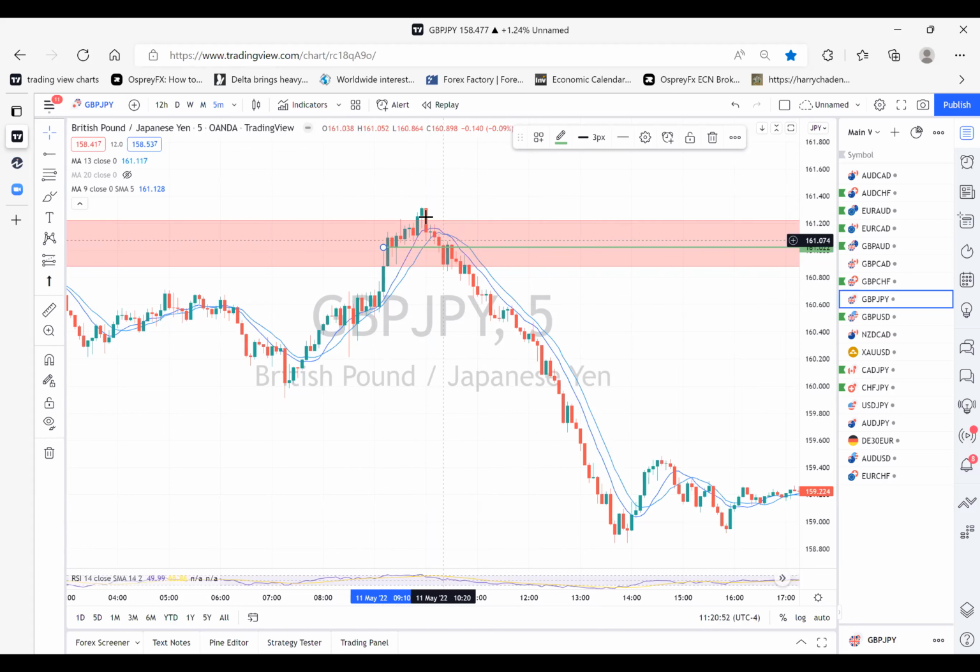That's a Wyckoff schematic right here on the lower time frame. I'm not getting my directional bias from the schematic. I already have my directional bias from the higher time frame. And I understand that the Japanese yen is selling. I'm just waiting because I know that the market bought up temporarily. I'm waiting to get me an entry for it to sell off.